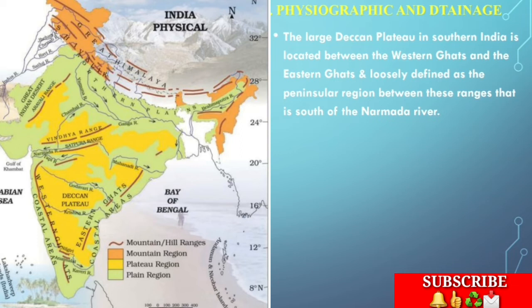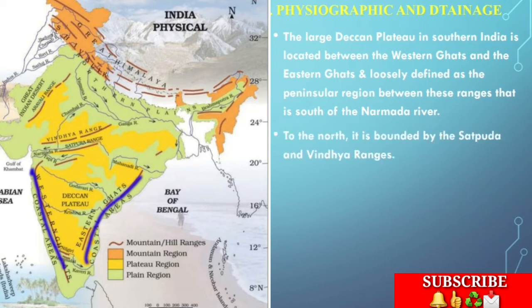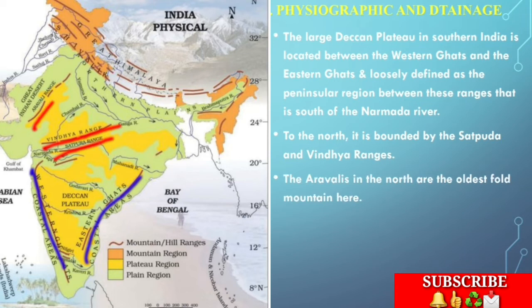Students, the large Deccan Plateau in southern India is located between the Western Ghats and the Eastern Ghats. Students, you can see in the map, it is loosely defined as the peninsular region between these ranges that is south of the Narmada river. To the north, it is bounded by the Satpura and Vindhya ranges.